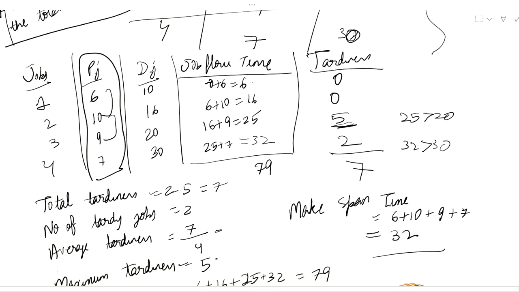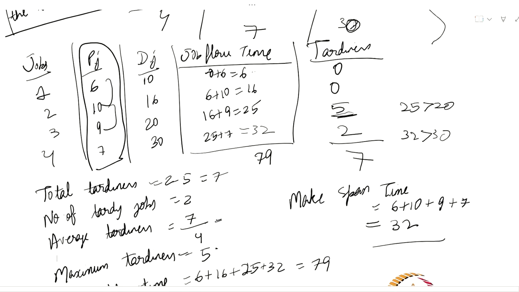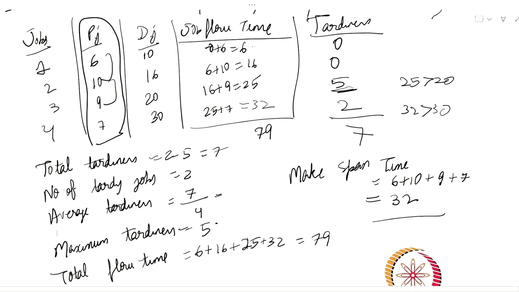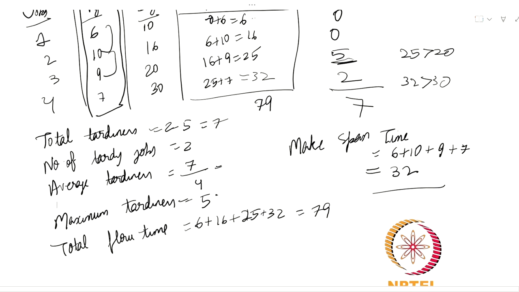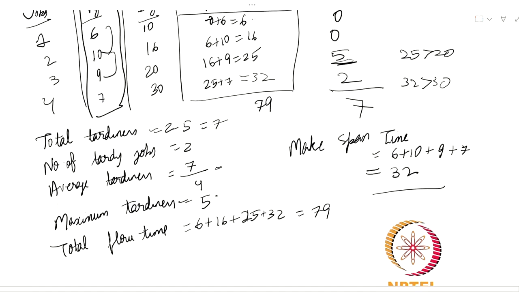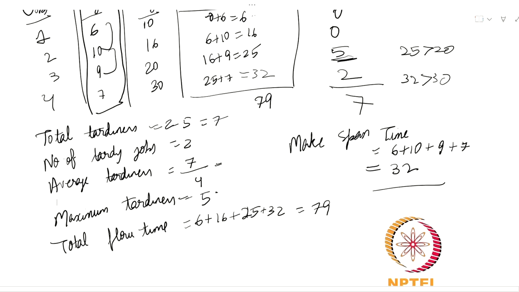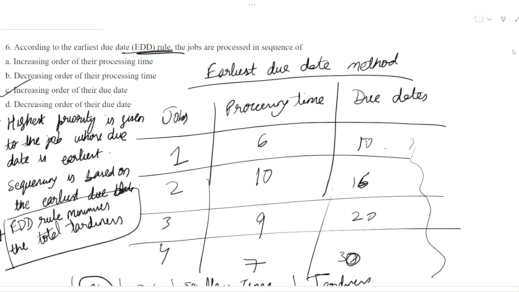Tardiness is the job flow time minus the production time. Then we found the number of tardy jobs, average tardiness, maximum tardiness, total flow time, and makespan. These were the things found in earliest due date.